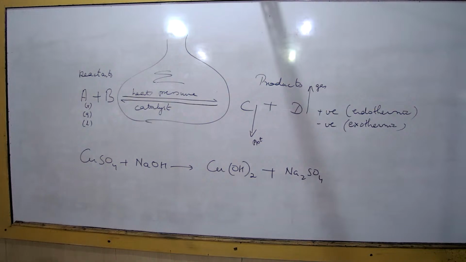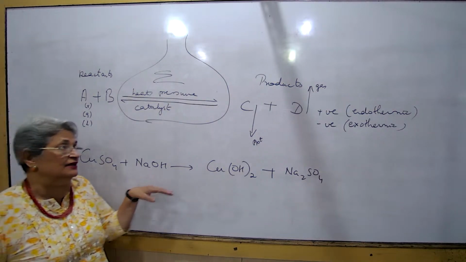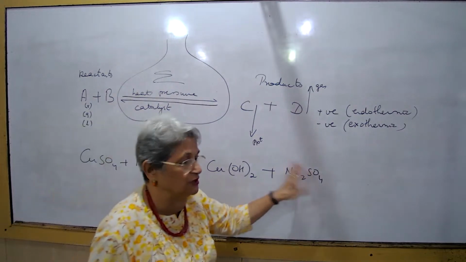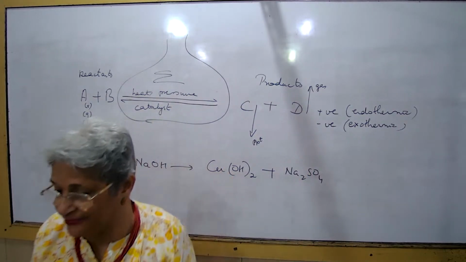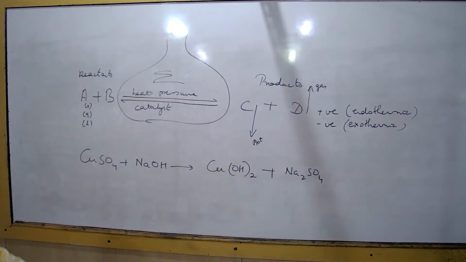Now, copper sulfate and sodium hydroxide give you copper hydroxide and sodium sulfate. If you are balancing an equation, you've got to follow the law of conservation of mass. Why do we balance an equation? We balance an equation because we have to see that the equation satisfies the law of conservation of mass. What is the law of conservation of mass?